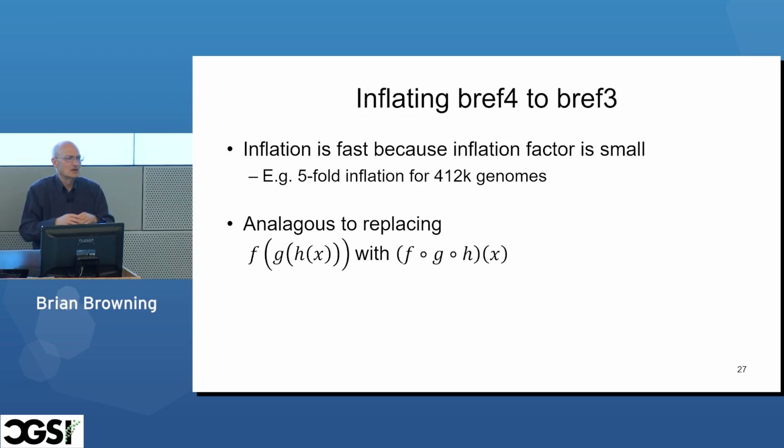So you're taking multiple arrays and essentially collapsing them down into arrays of pointers into one array. And you get BREF3 format, and then you have the very fast access. And this inflation that you perform is very fast, and it's worthwhile because the file size you're reading is 5 times smaller than BREF3, so it's faster to read it in and inflate it up to BREF3 than it would be to work directly with BREF3.